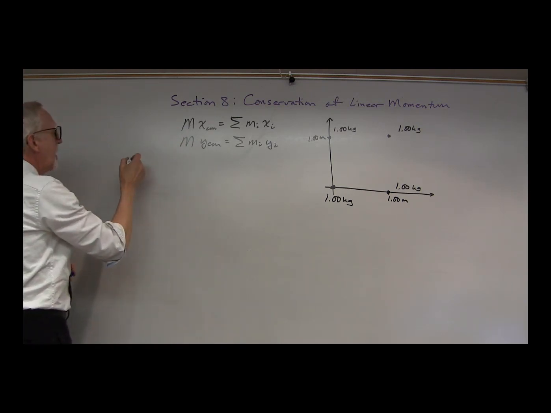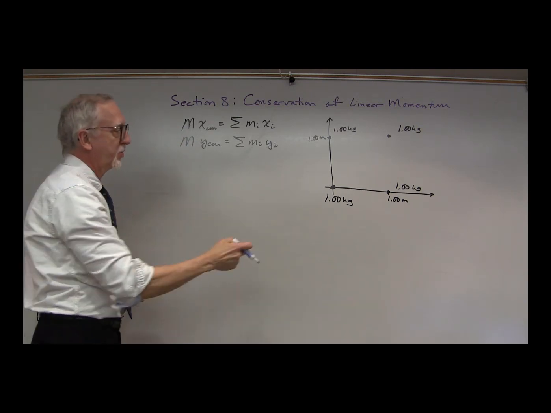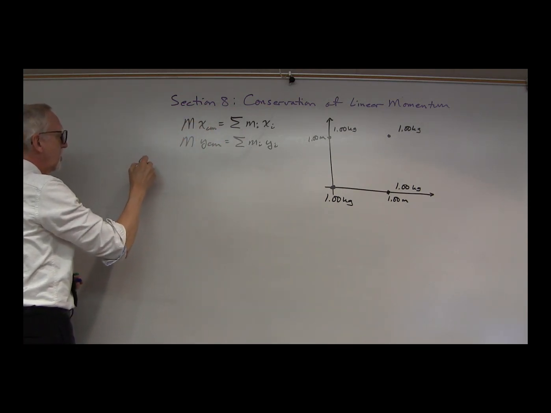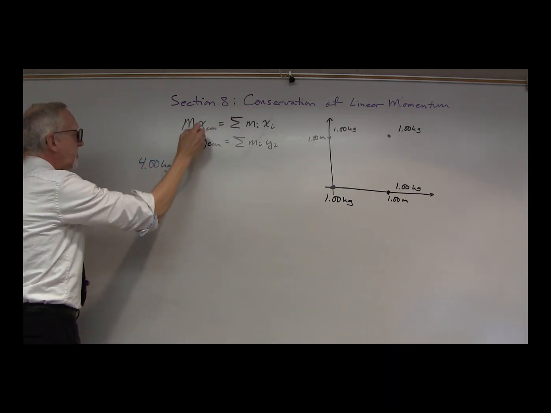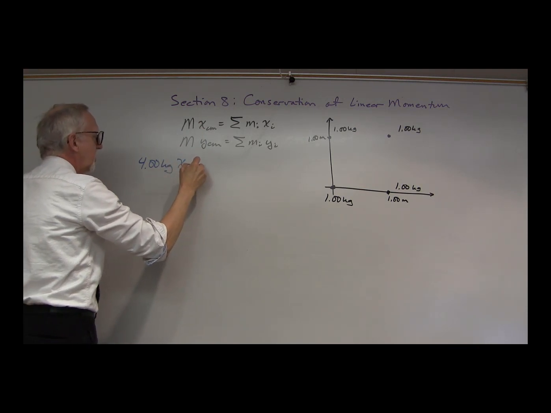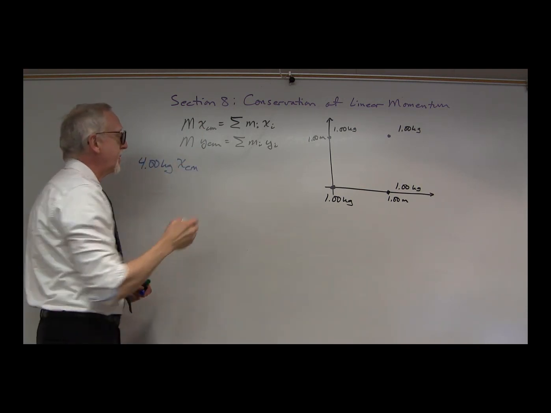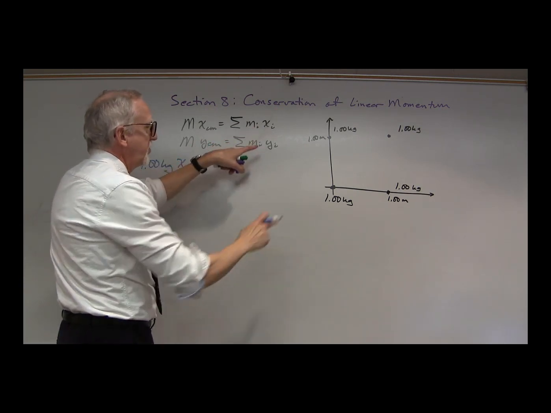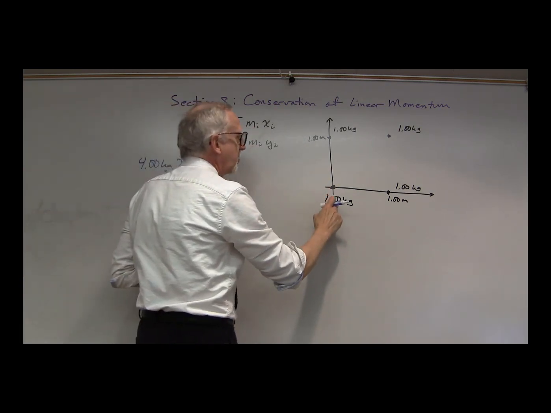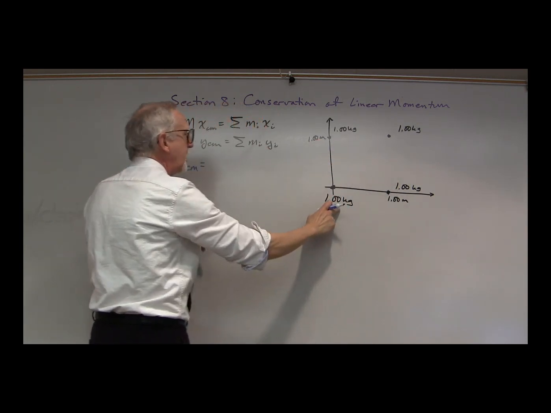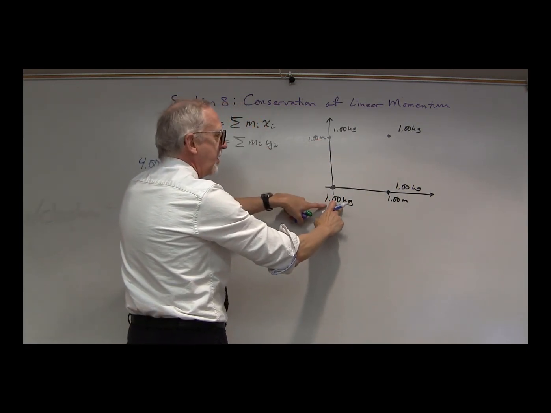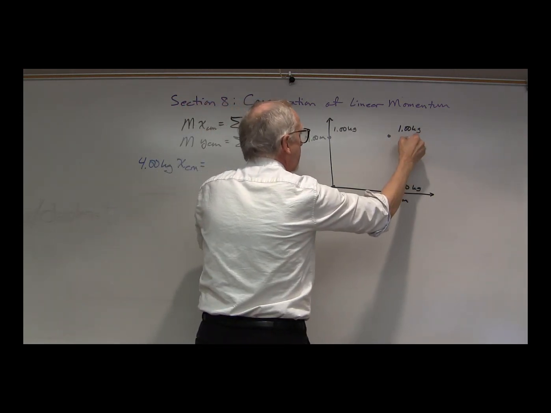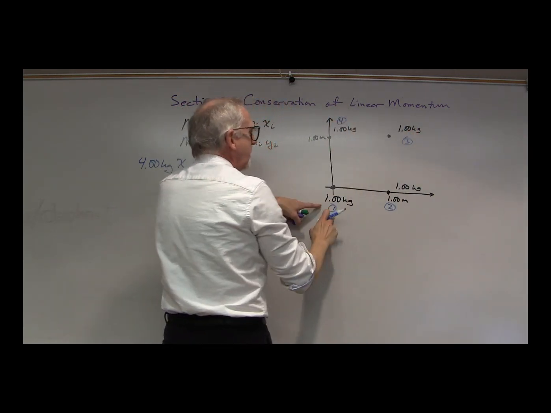We've got m, the total mass. Well, what's the total mass? We've got 4 1 kilogram masses, so the total mass will be 4 kilograms, times the x value of the center of mass is equal to m1 times x1. So we're going to go around. We'll start here, 1, 2, 3, 4. So we've got 1 kilogram times x1. What is x1?